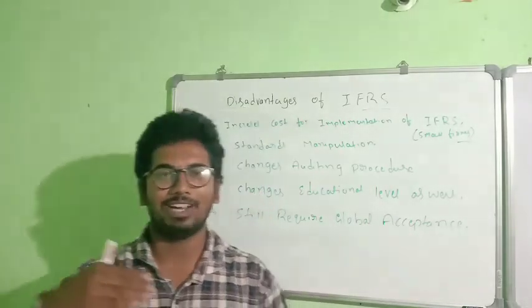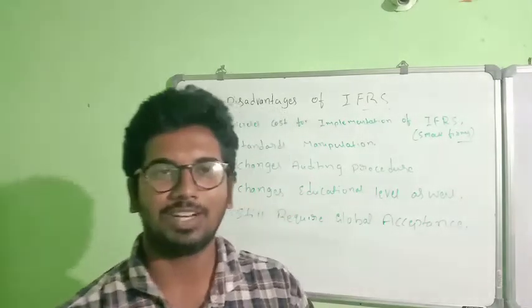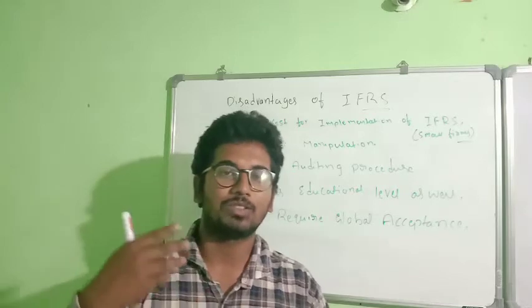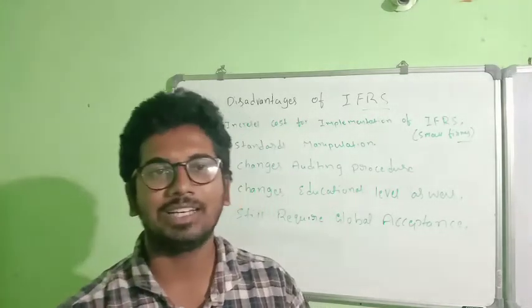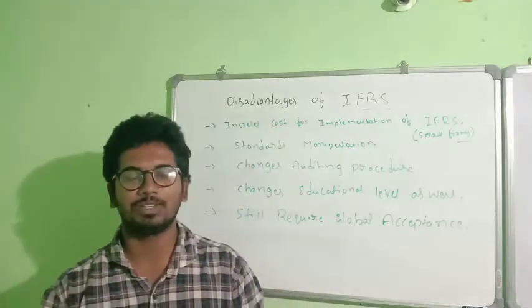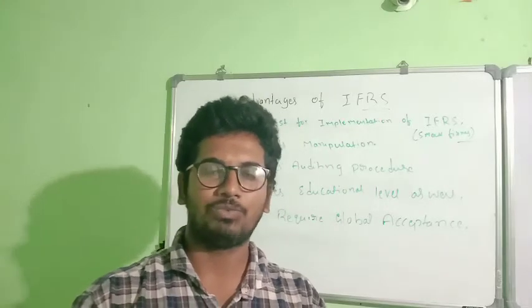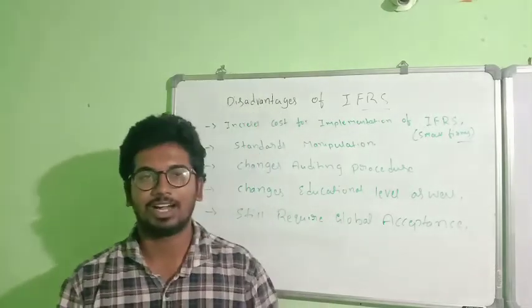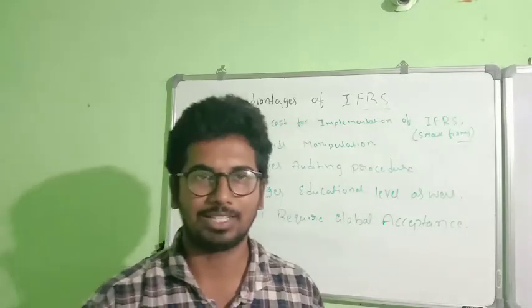GST eliminated the state VAT system. So now only one tax comes under GST. So which small firms can meet the national level acceptance or national level payment of tax? Whether a small business or big business, no matter, every month they have to file the GST returns to the government. At the end of the year, based on income or turnover, they are going to pay the tax.